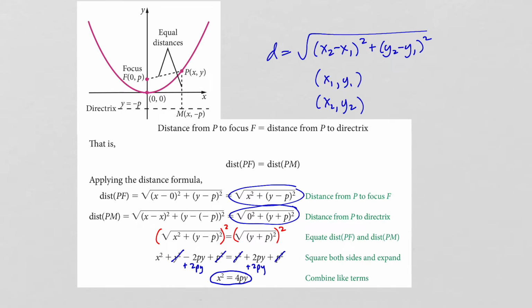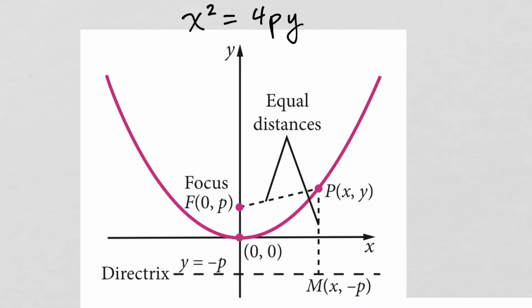Okay, so you don't have to memorize the derivation of this formula, but you do need to know this formula. So again, let's go through the important things about this formula. If you have a parabola where the vertex is at the point (0, 0), and the focus is p units away from the vertex, which means its coordinates would be (0, p), the formula for the parabola is x squared is equal to 4p times y.